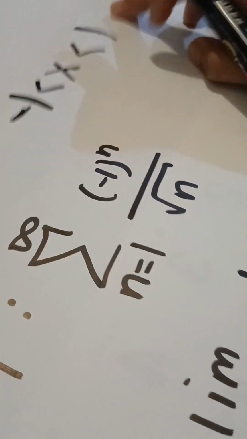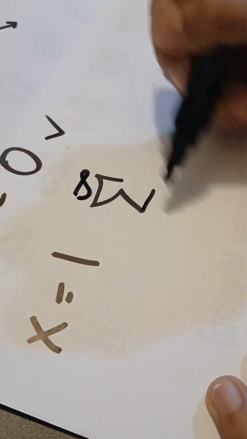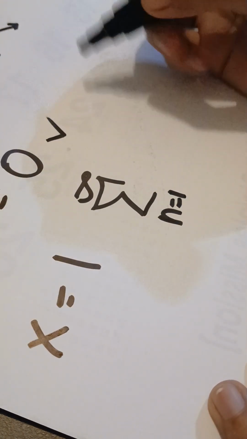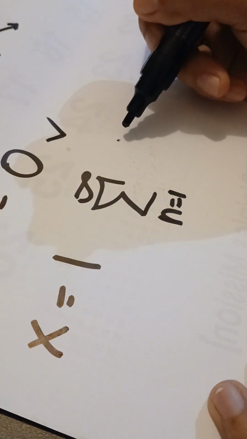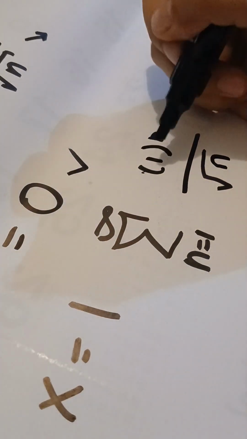So now let's test +1. Plug it in our original series, the summation from n equals 1 to infinity. Now 1 to any power is 1. So we're going to have 1 over n raised to 1/2.